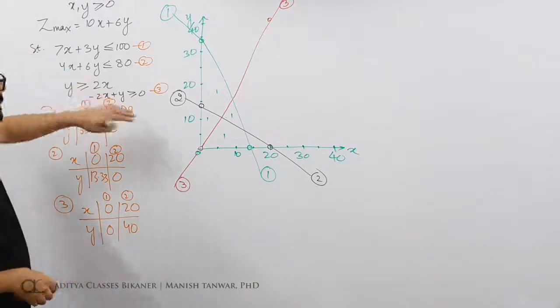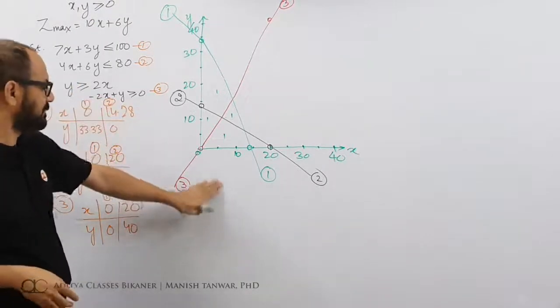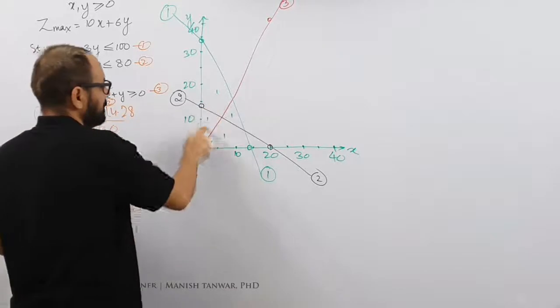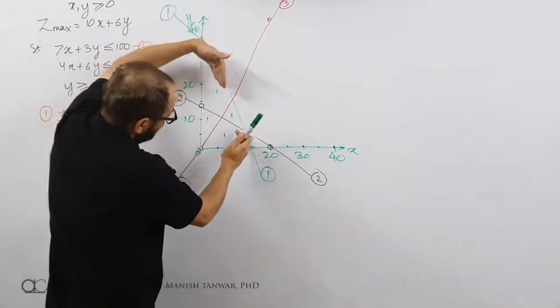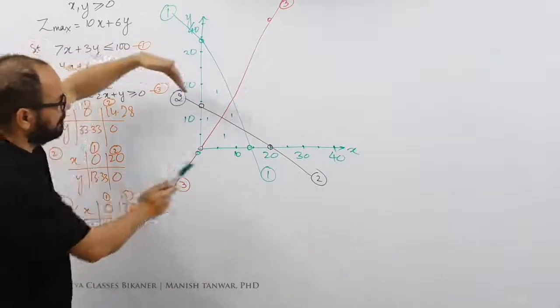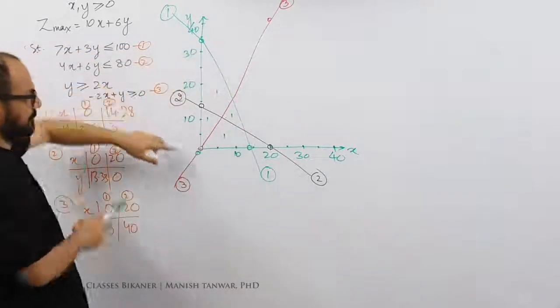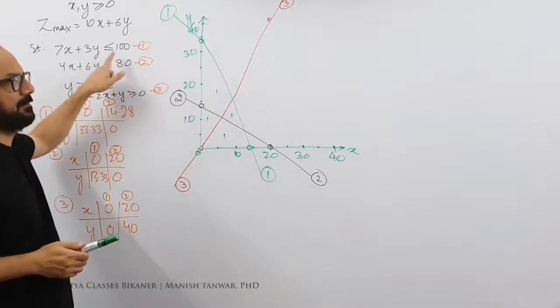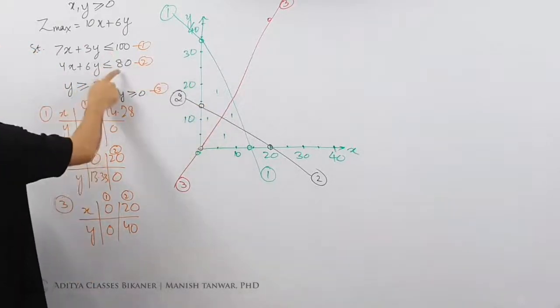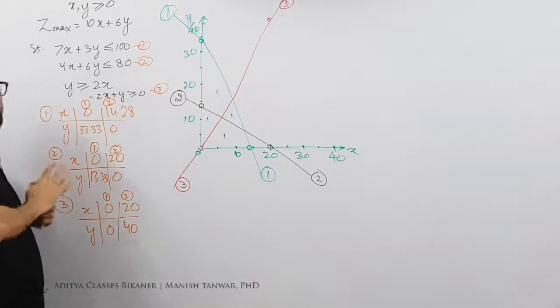So this physical constraint rejects the second, third and fourth quadrants. So these are the acceptable areas to the first constraint. Everything towards the origin is acceptable to the first because it is less than type. Then for the second constraint, again less than.